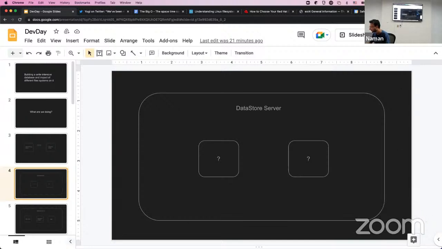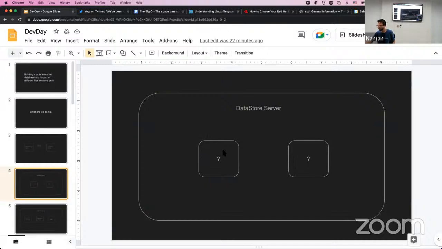So what do you guys think should be the components of this data store server? We've established that HTTP calls will be made to our data store server and we need to write it somewhere, right? So what components will be required in our data store server to process it end to end?